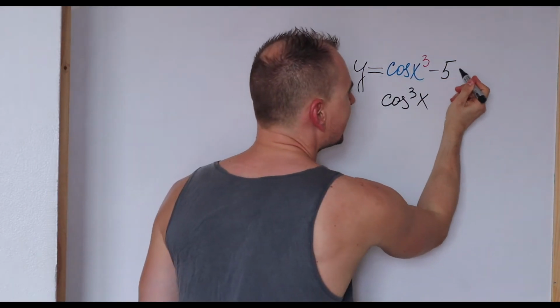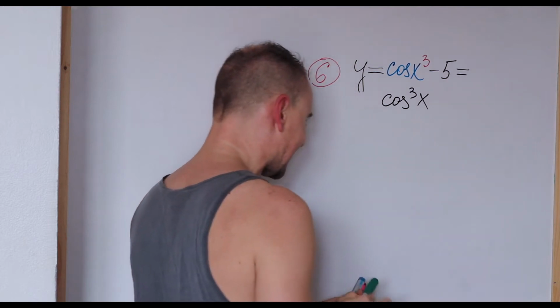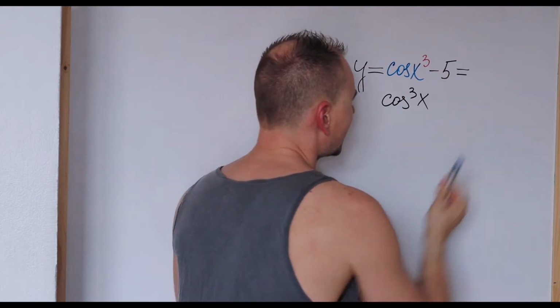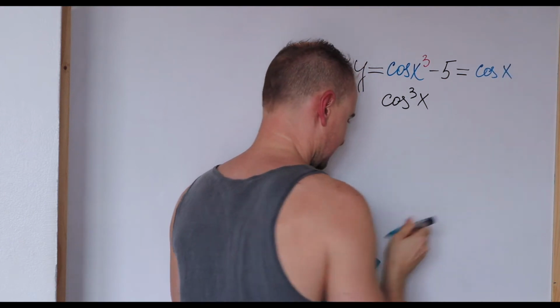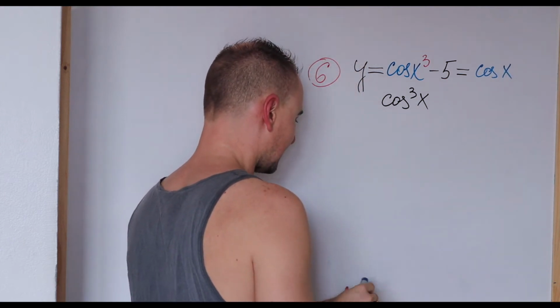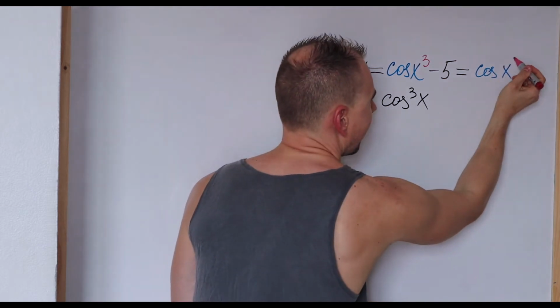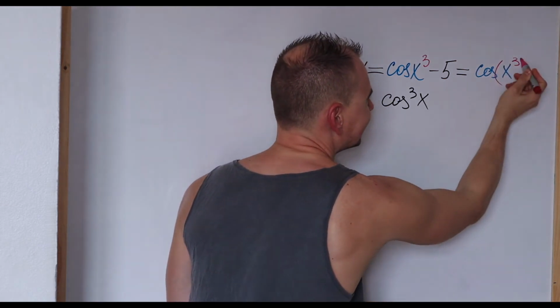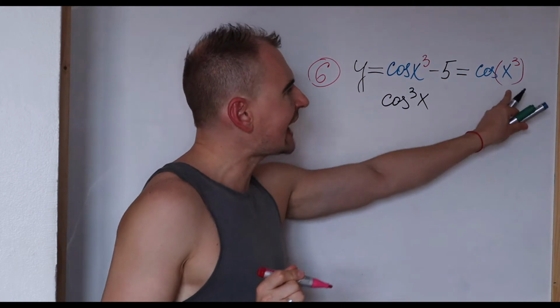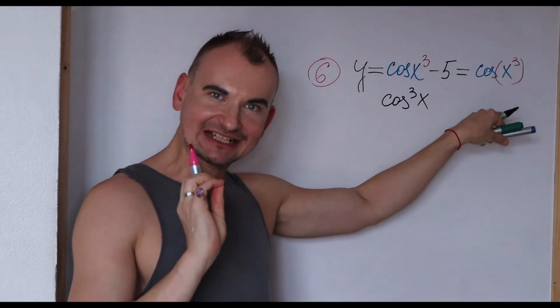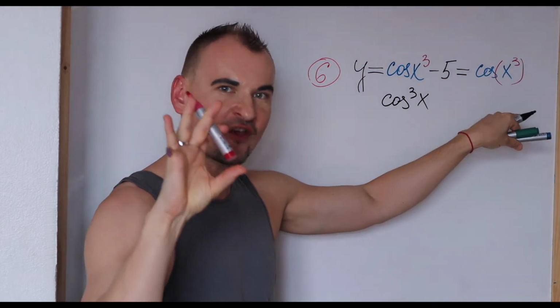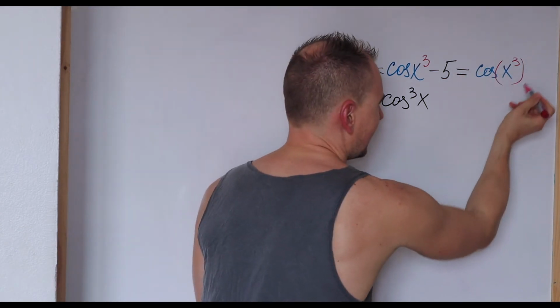You could simply go ahead and rewrite it as cosine of x cubed, with the parentheses around x cubed, meaning that your argument is x raised to the third power, and minus 5.